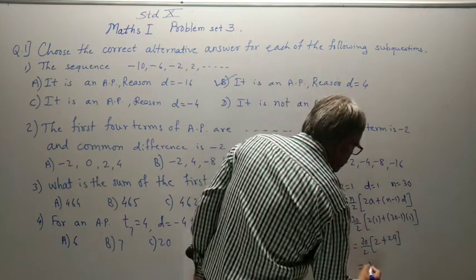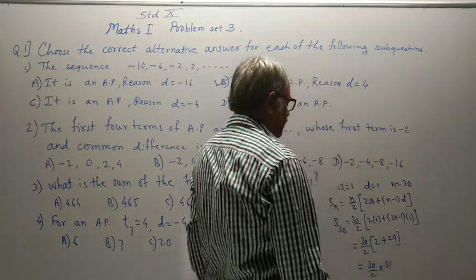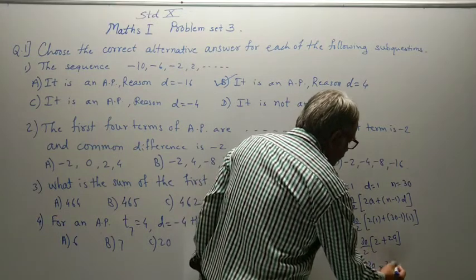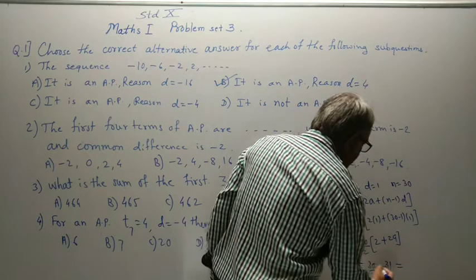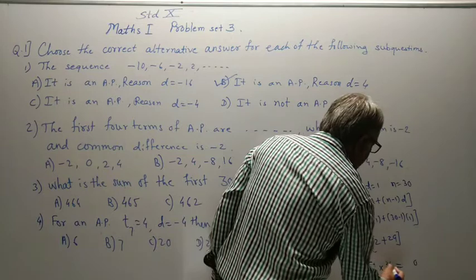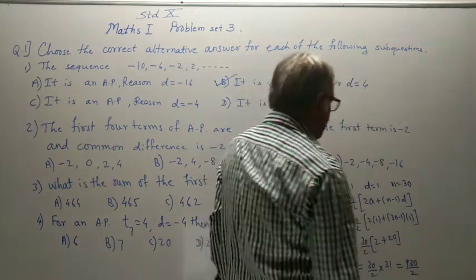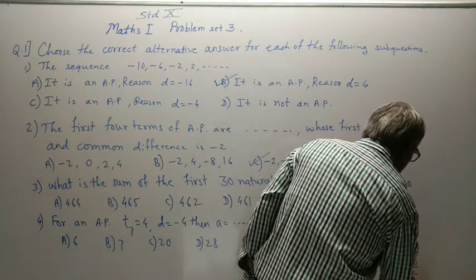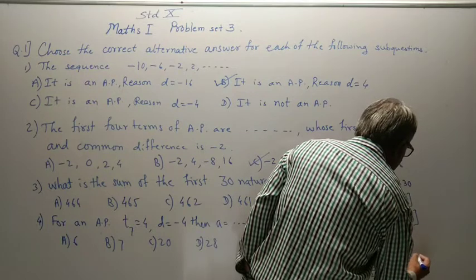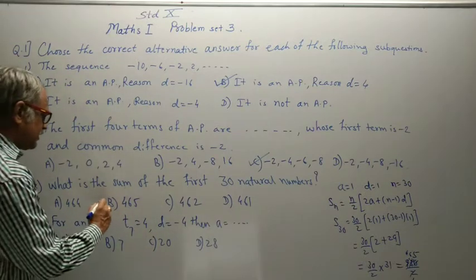So 30 by 2 into 31. 2 and 30 can be cancelled, or first do the product and then divide by 2. Anyhow, 30 into 31 is 930, and 930 upon 2 will come 465. Is 465 given anywhere?